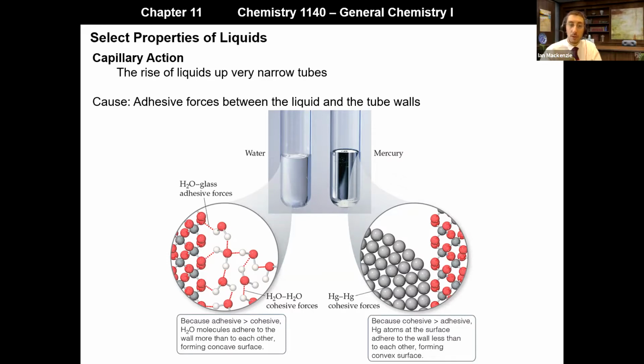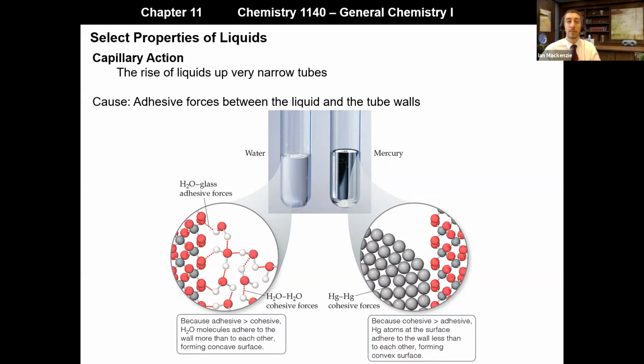It's polar. And the water molecules then have polar interactions or dipole-dipole interactions, intermolecular forces between the glass and the water molecules. And that causes the water molecules right on that surface to adhere to the surface of the glass and try to rise up it to maximize the intermolecular forces.